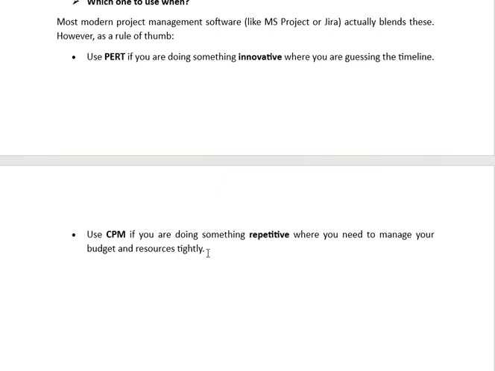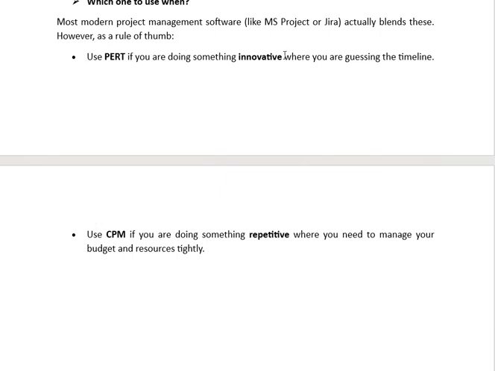So this is a repetitive task. Or let's say someone is making a high rise building, or someone is delivering milk at your doorstep on a daily basis. So these are repetitive tasks. Or let's say someone is manufacturing a particular product for the past 5 years. For that we can use CPM.